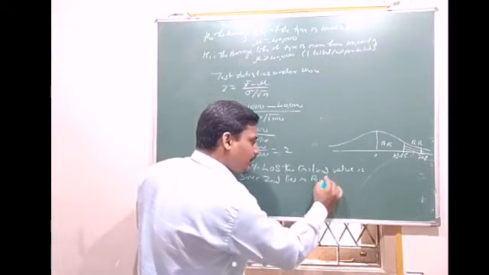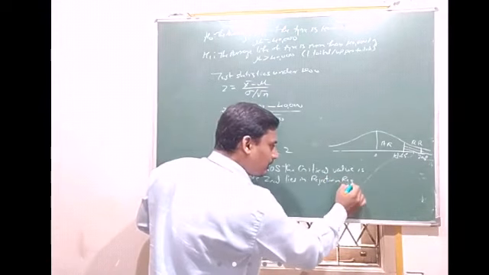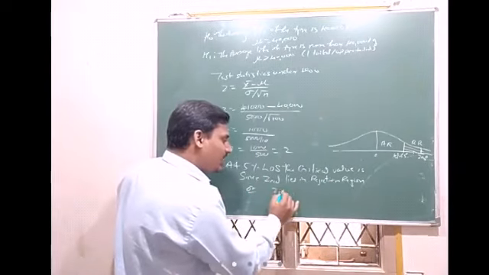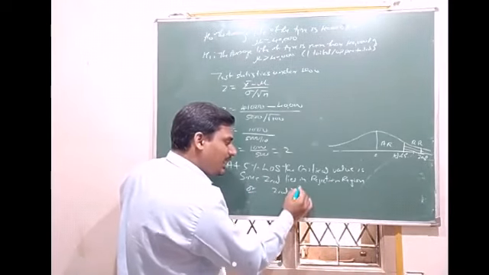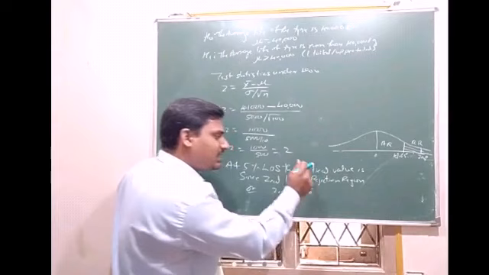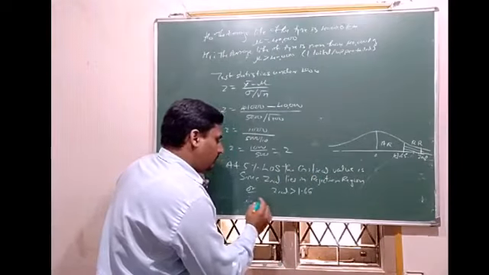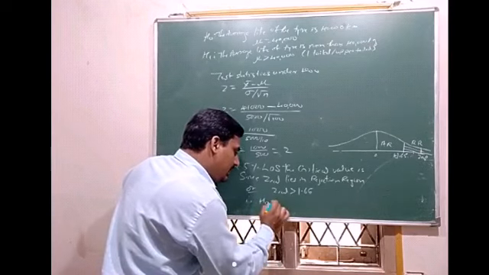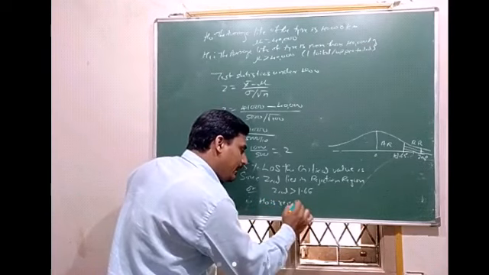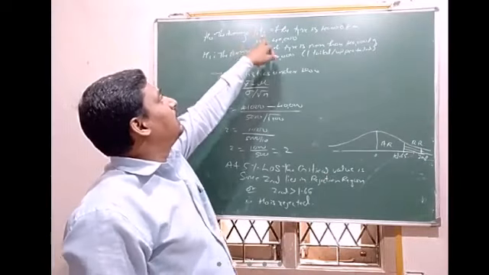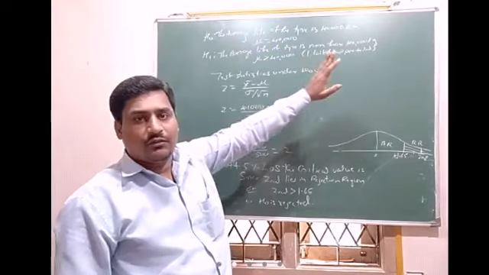Since Z calculation lies in the rejection region, or symbolically Z calculation is greater than 1.65, that is K value, therefore H naught is rejected. H naught is rejected means life of a tire is not 40,000 kilometers.